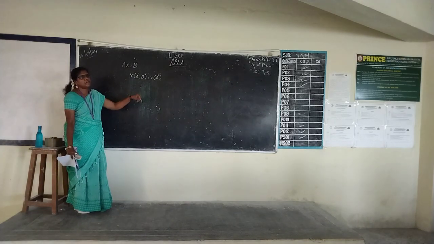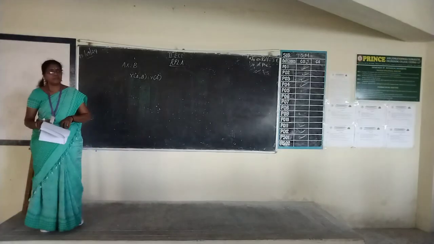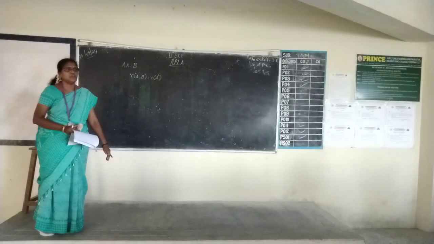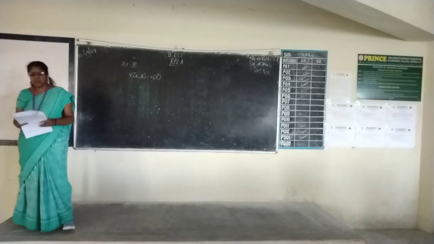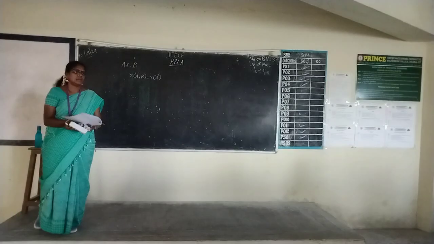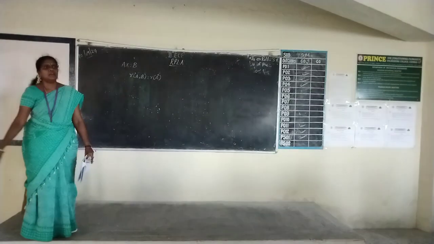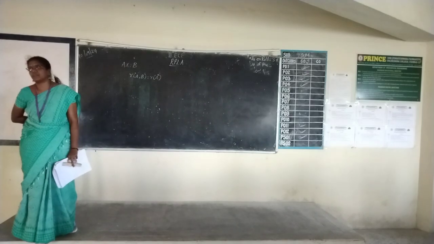First one, if rank of AB is equal to rank of A, which is equal to the number of unknowns, then the system has a unique solution.